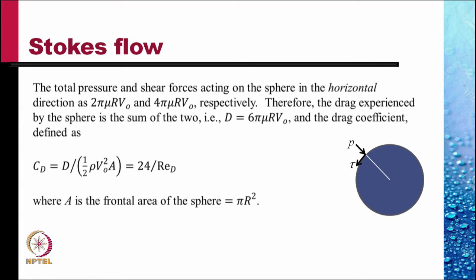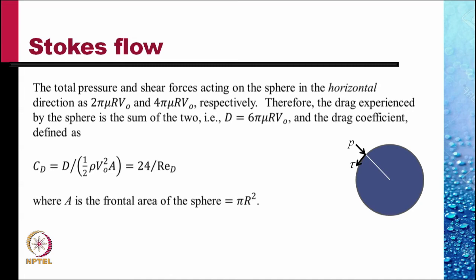Therefore, the total drag experienced by the sphere is the sum of the two. That is, the drag is equal to 6 pi mu R V naught, and the drag coefficient defined as CD is equal to drag divided by 1/2 rho V naught square A is 24 divided by Reynolds number based on the diameter.